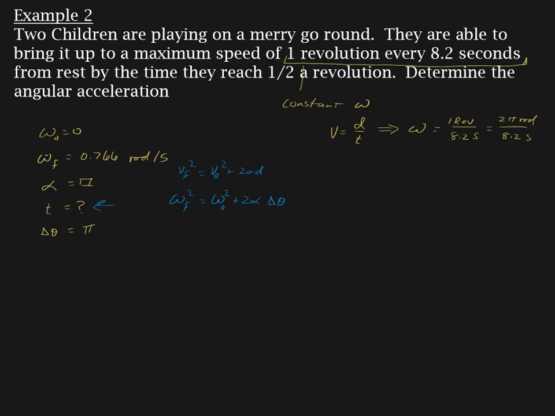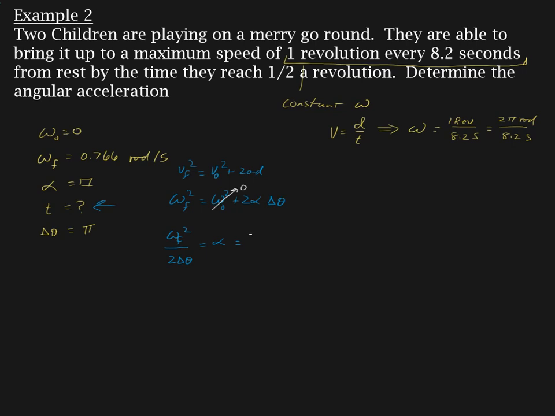Okay, so let's simplify. We know that omega initial is 0, so that's going to go away. And now we just look for alpha, so we'll solve this equation for alpha. And what are we going to get? See here, omega final squared divided by 2 delta theta is equal to alpha.